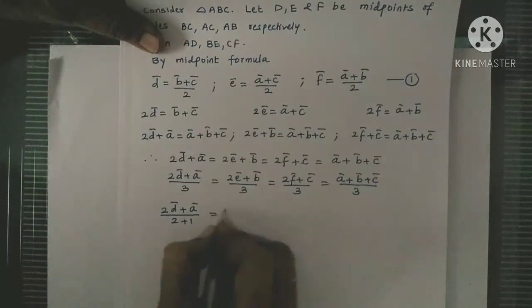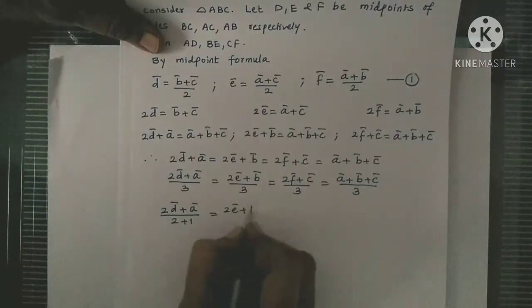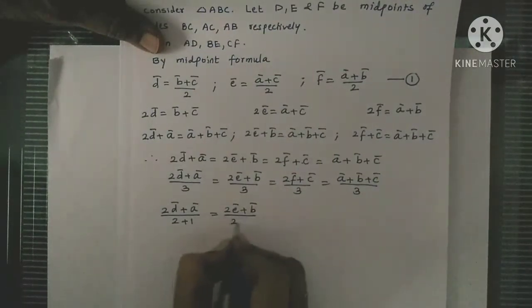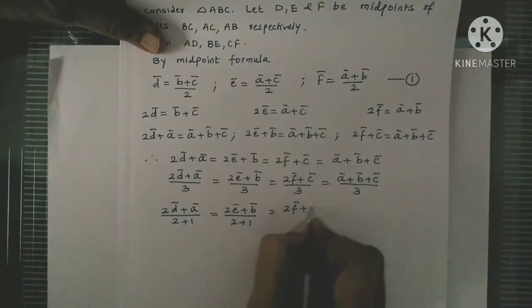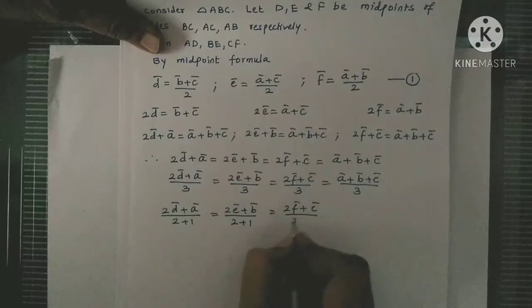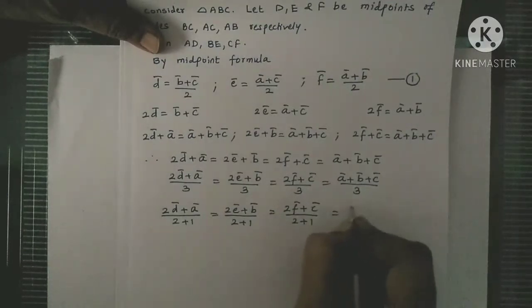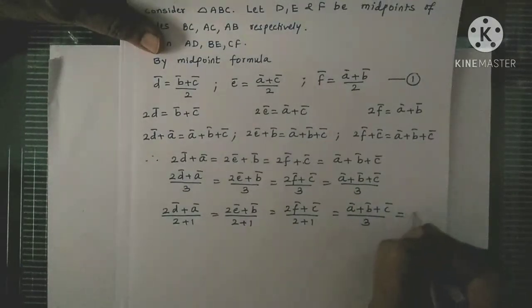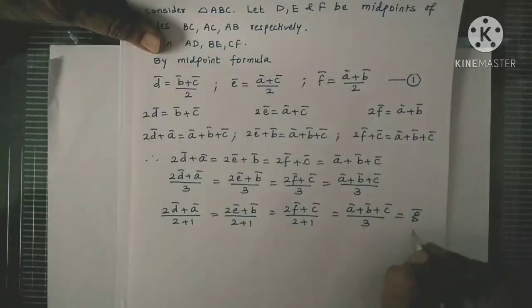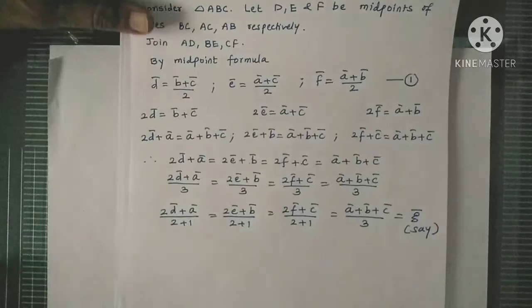Okay, so this is 2 e bar plus b bar upon 2 plus 1. Similarly, for this also we can write 2 f bar plus c bar upon 2 plus 1 equal to a bar plus b bar plus c bar upon 3. So let's say this vector as g bar. So we are denoting this vector by g bar.